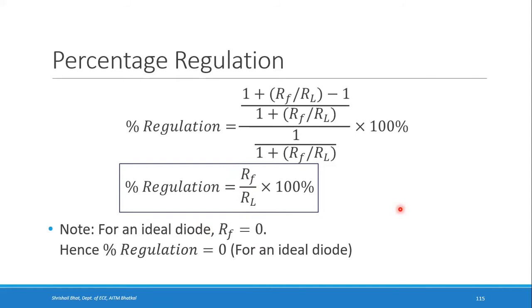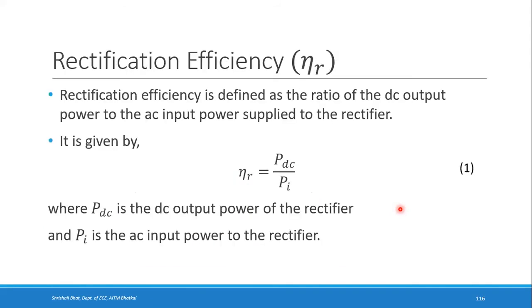Okay, so there is another very important parameter, that is the efficiency of a rectifier. We call it rectification efficiency. What do you mean by efficiency? Efficiency is how much power is utilized in the circuit, or how much of the input that you give is obtained at the output.